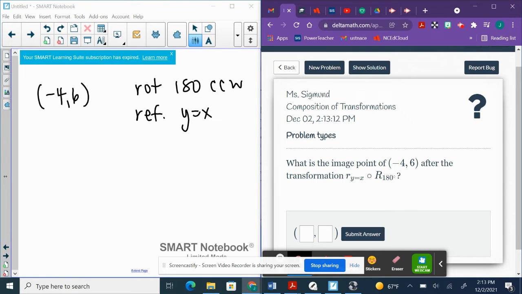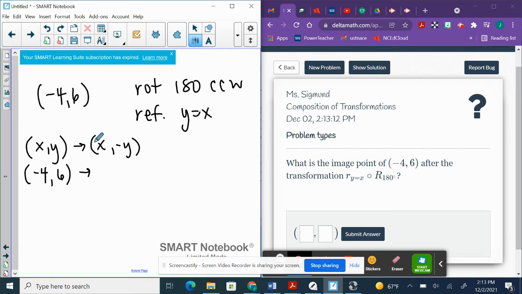So the rotation of 180 takes xy and turns it into -x, -y. So that -4, 6 is going to become a +4 and a -6. So that takes care of our rotation of 180 counterclockwise.